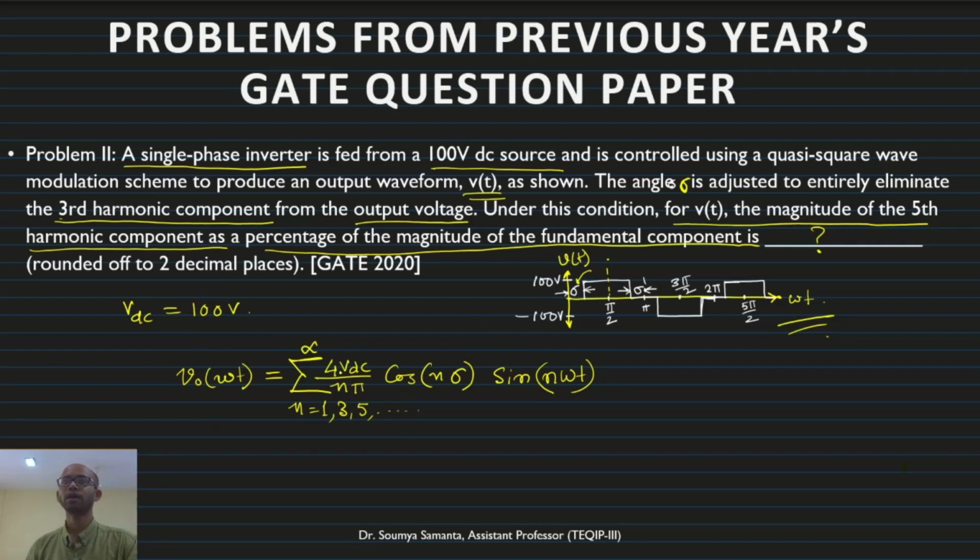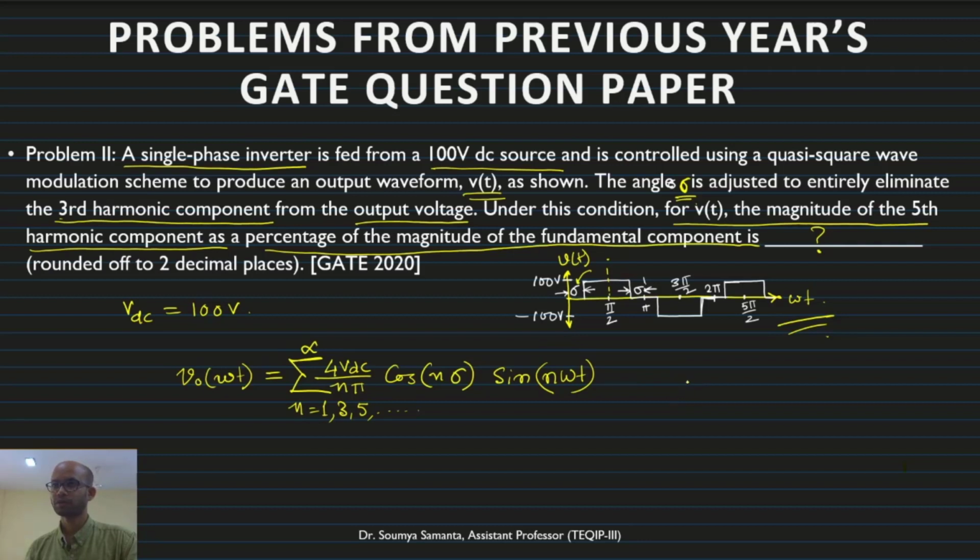Now what is said is that this angle is adjusted in such a way that the third harmonic is completely eliminated. Therefore the magnitude of the third harmonic is 0. Now let us find out the third harmonic component. Suppose the magnitude of the third harmonic is 0.